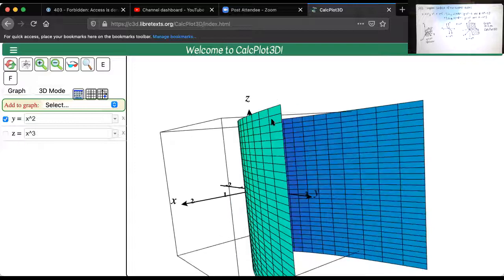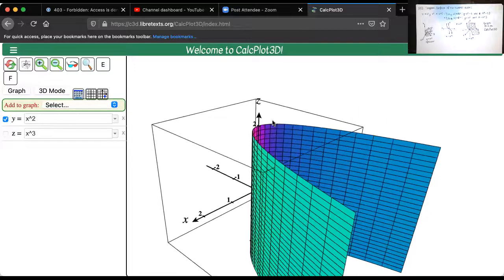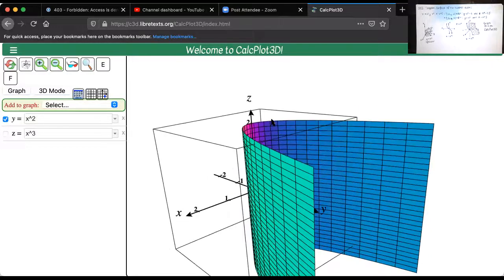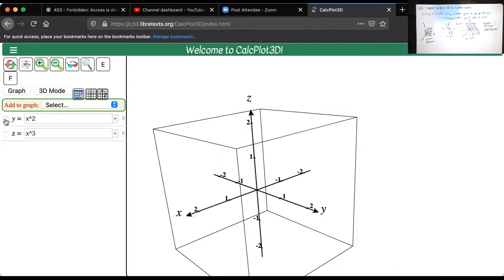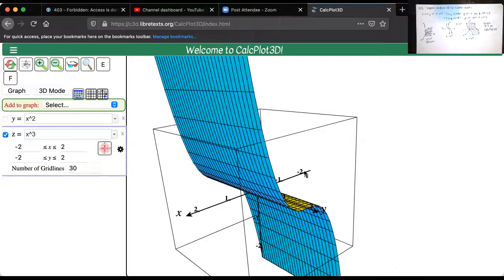The z-axis is going straight up. So y is equal to x squared and z is free to be anything, so we get that. Or if we want z to be equal to x cubed, and y to be free to be anything, we see that. That's what I was trying to graph on my paper. That's what that's supposed to be.